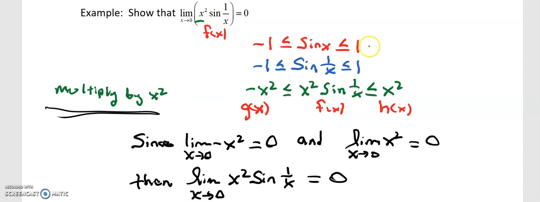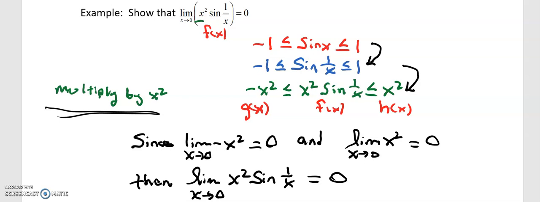From the red step to the blue step, that is an intuitive step saying that if the sine of x exists between negative 1 and 1, so does the sine of 1 over x. Has to. Because 1 over x is just simply some other angle, and I can take the sine of that. All right, from the blue to the green, that step is an algebraic step, which I wrote over here and underlined, is multiplied by x squared.